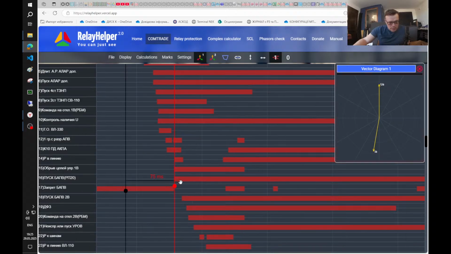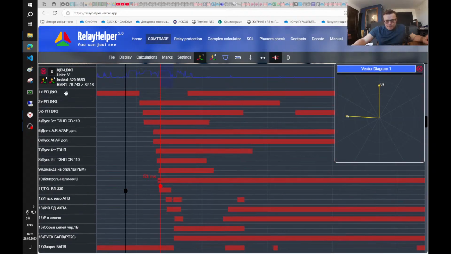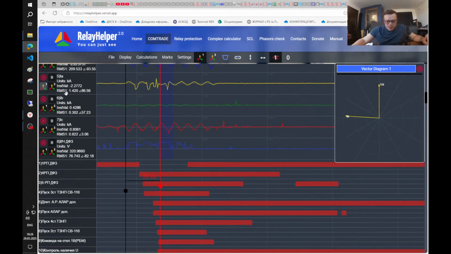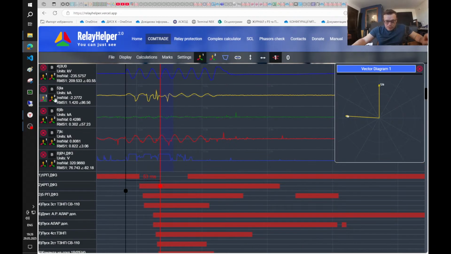And at this point, for all the line protections, the fault was behind the zone, so the distance protection did not work, the directional ground protections didn't work, and also phase differential protection worked a little bit early, and I'll try to describe why it works.